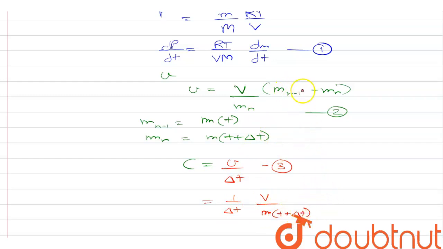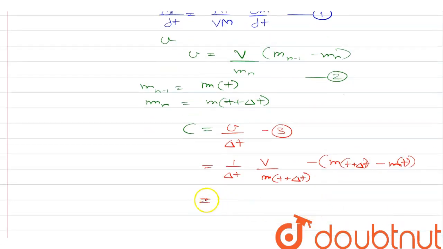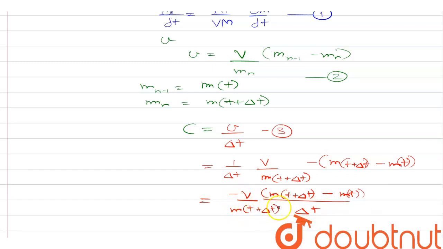And let's take a minus common out of the bracket. So minus V times M at t plus delta t minus M at t, upon delta t times M at t plus delta t.